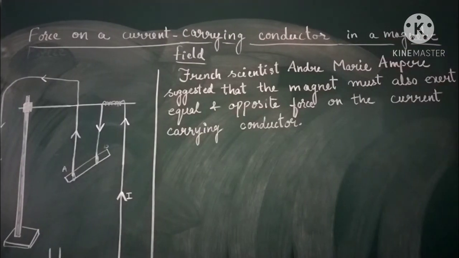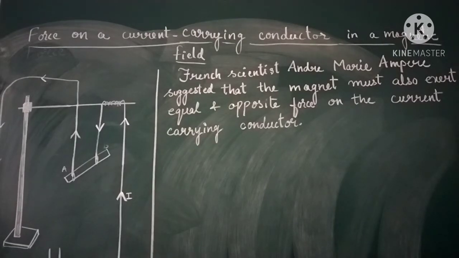Children, here we have this circuit diagram drawn on the board, and before we start with what was explained in the circuit diagram, let's see here what is written. French scientist André-Marie Ampère suggested that the magnet must also exert equal and opposite force on the current carrying conductor. Now, if you remember children, we started this chapter with the Oersted experiment, right?